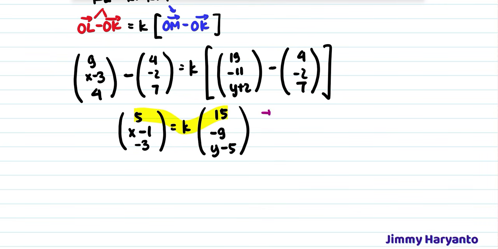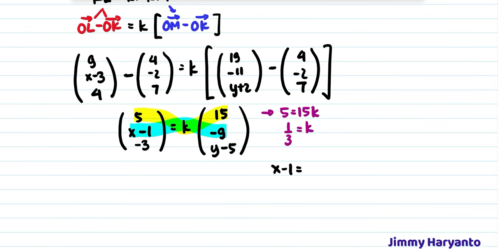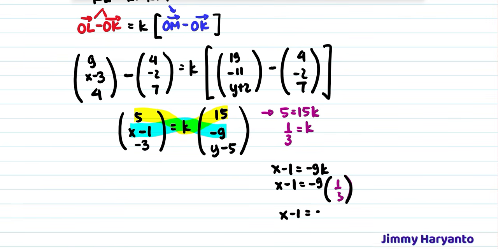That one is 5 equals to 15k, so k equals to 1/3. Next is this one, x minus 1 equals to -9k, so x minus 1 equals to -9 times the k is 1/3, so x minus 1 equals to -3, x equals to -2. That is the value of the x.